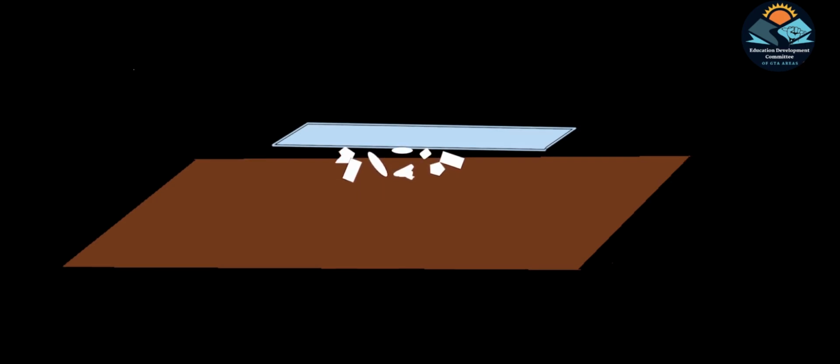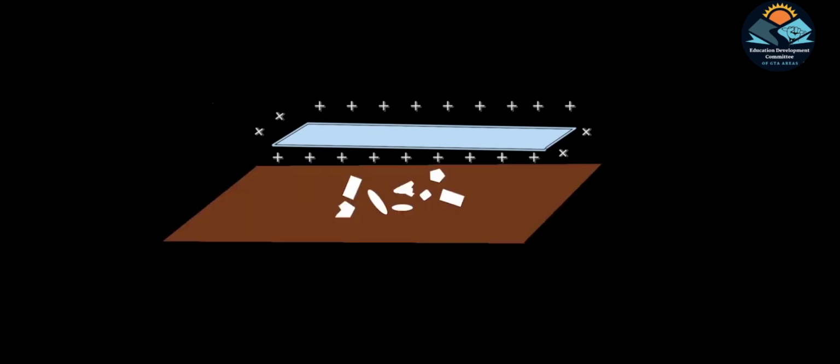It means that when a ruler is rubbed with hair, some charge will get generated and will be deposited on the ruler. These charges which are developed on the ruler will then attract the small pieces of paper which are uncharged.